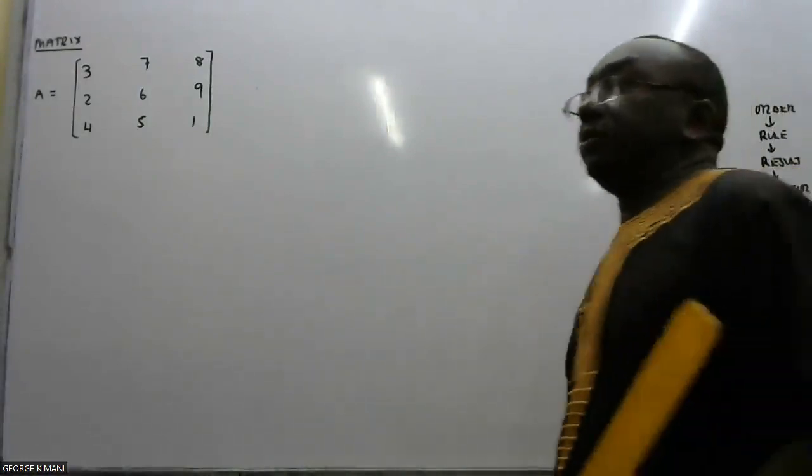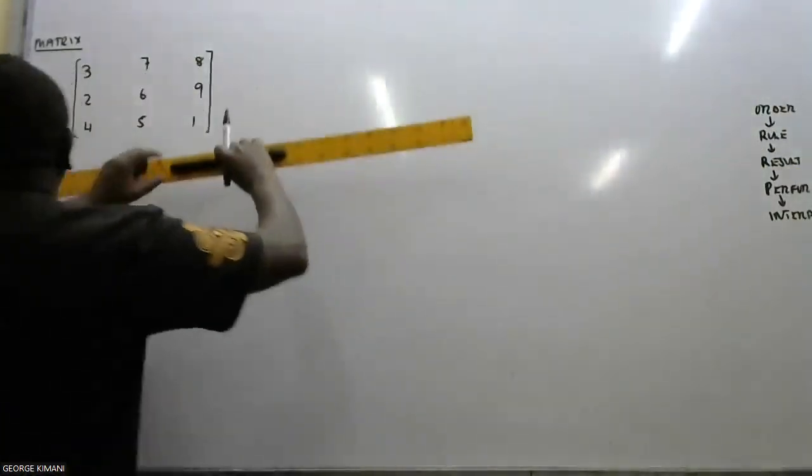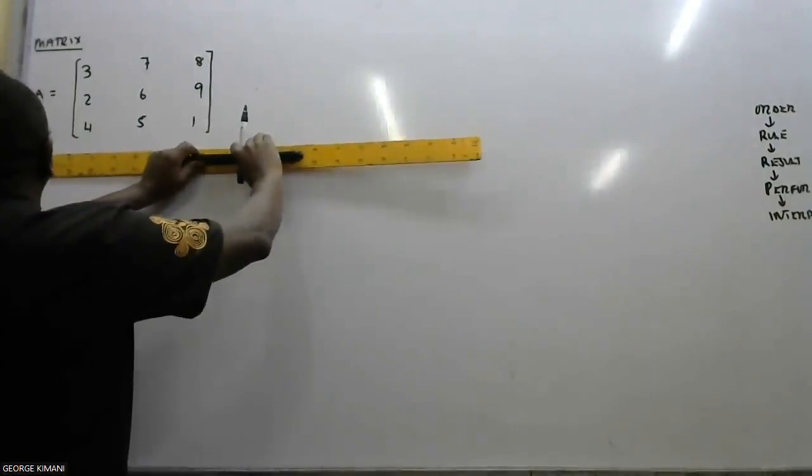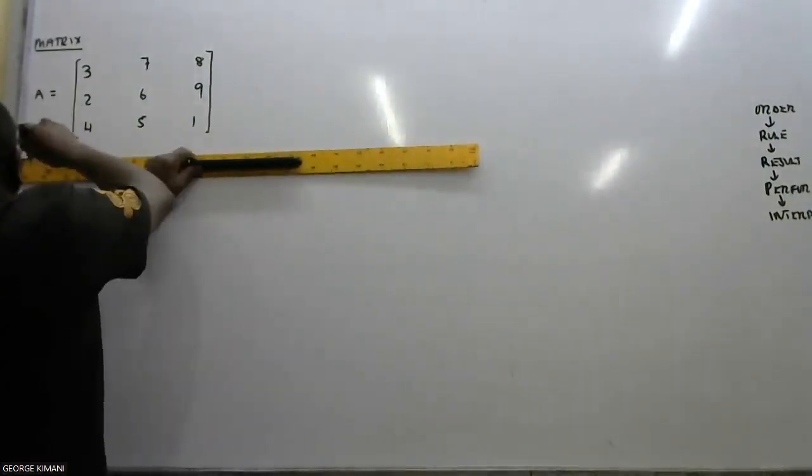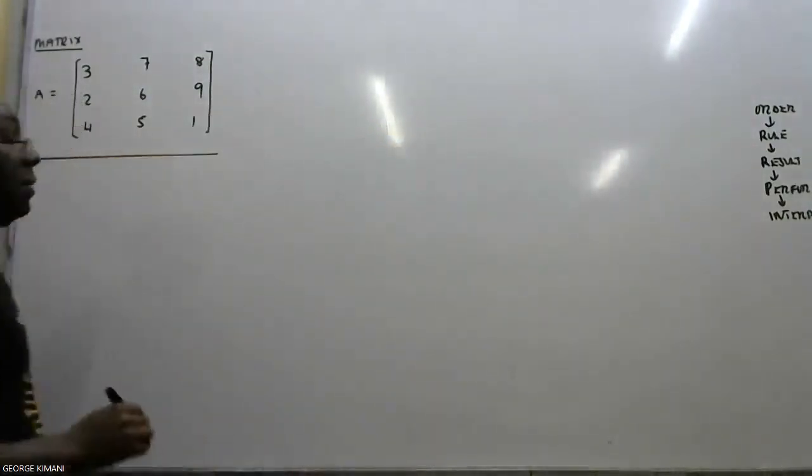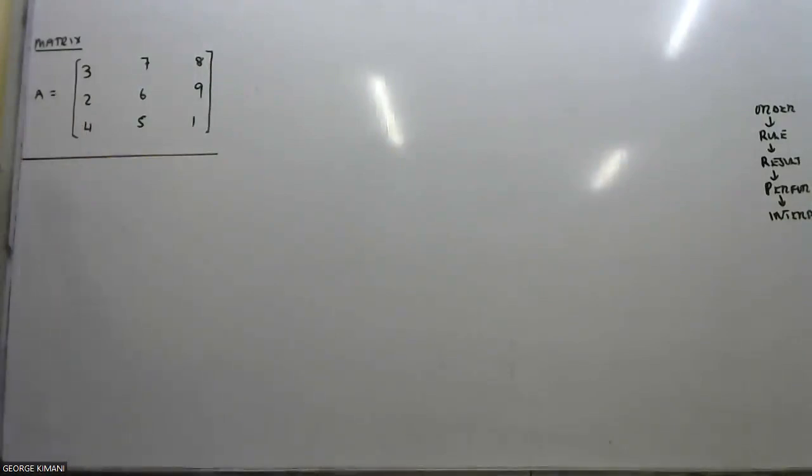And the first step is to create a matrix known as the minor matrix.